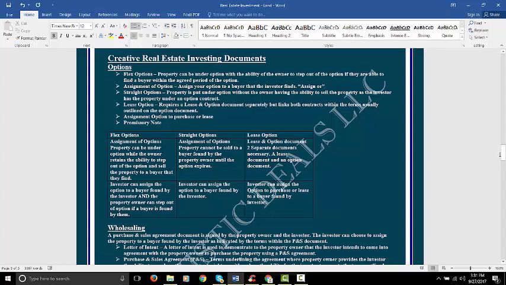Each of these option types should have the ability to be assigned to somebody else. You would always want that clause in your document because it allows you the ability to exit out of the property, as long as the numbers make sense, of course.